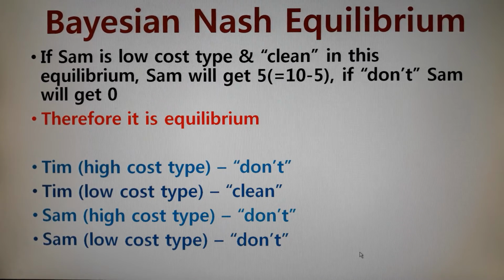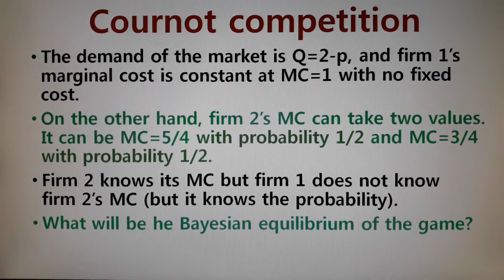There is actually one more mixed strategy equilibrium here, but I'm not going to do that here. So is it easy? Until now, it's not so complicated, you may think, but it can be ugly.